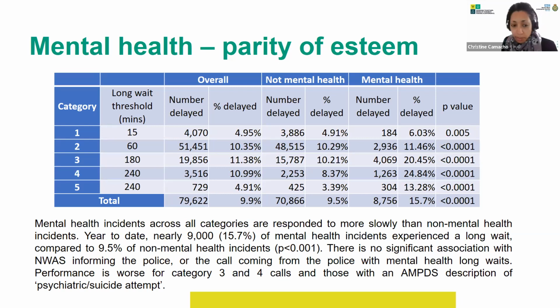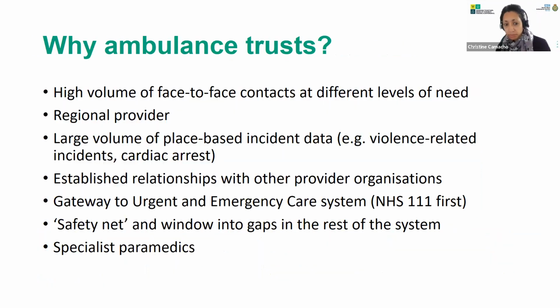Okay, next slide, please. So why is it important for us, and why are we well positioned to do this? We have a huge volume of face-to-face contacts as ambulance trusts and regional providers, and the data generated from that is vast. So we're actually understanding where those incidents take place. We know about violence, we know about cardiac arrest, we know about strokes. It's just a wealth of place-based data.